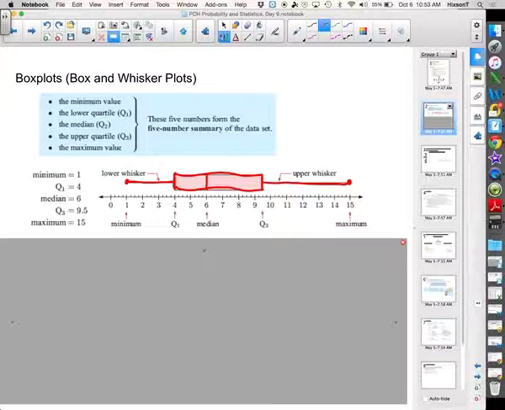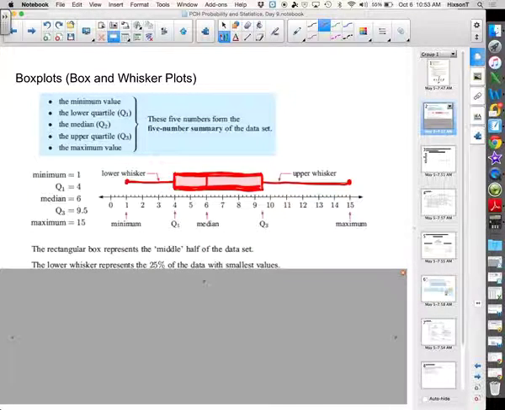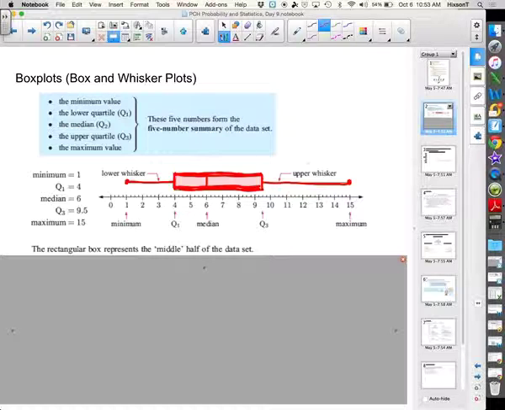Now, the reason for the distinction here is a couple things. First of all, this box represents my middle 50%, okay? Now understand what I'm saying when I say that. The median is the value bigger than 50% and smaller than 50%, okay?